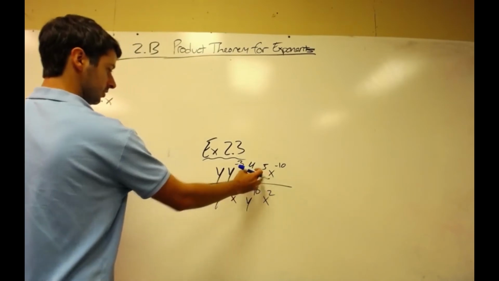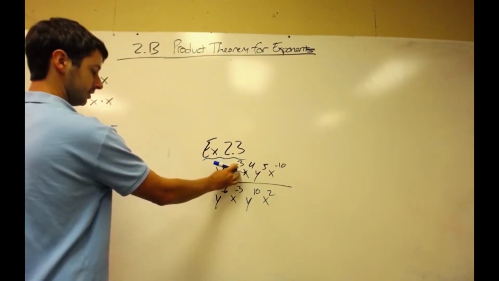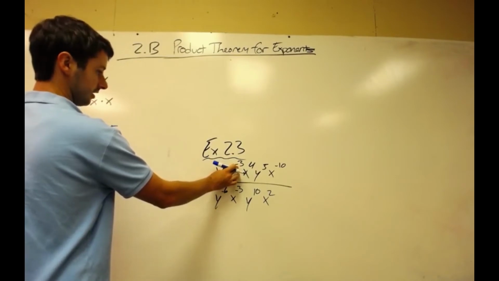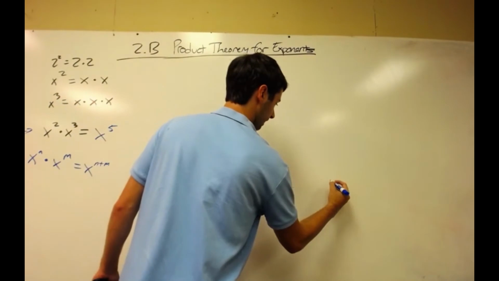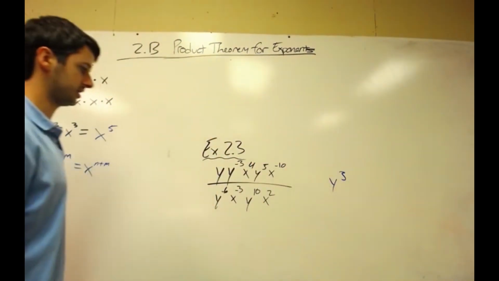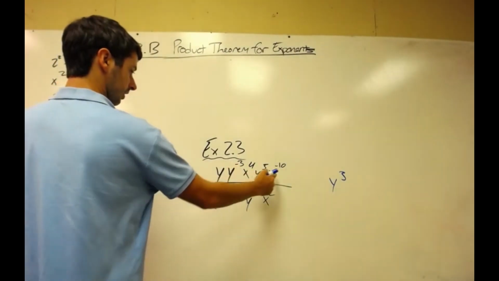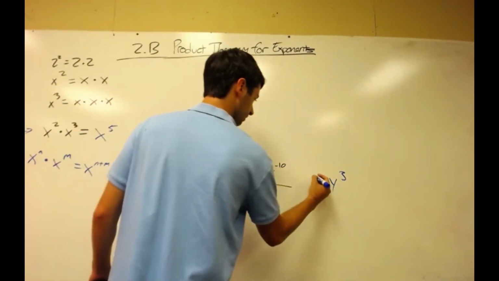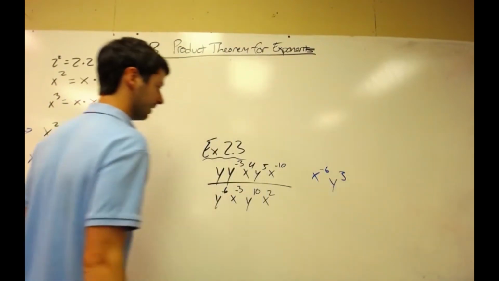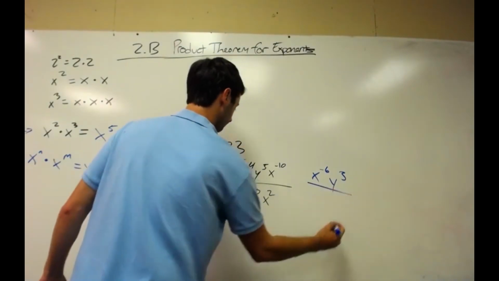So that's negative 3 plus 5 is 2, so we got y squared on top. For x, we have x to the fourth and x to the negative 10th. Add those together, and the sum is x to the negative 6th power. That is the numerator.